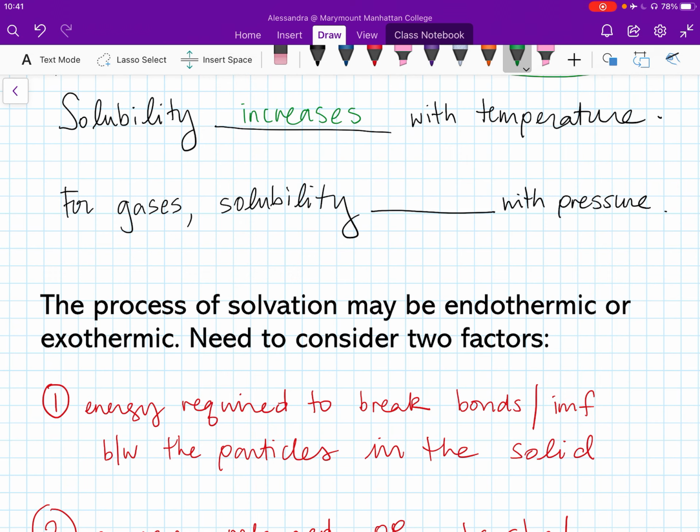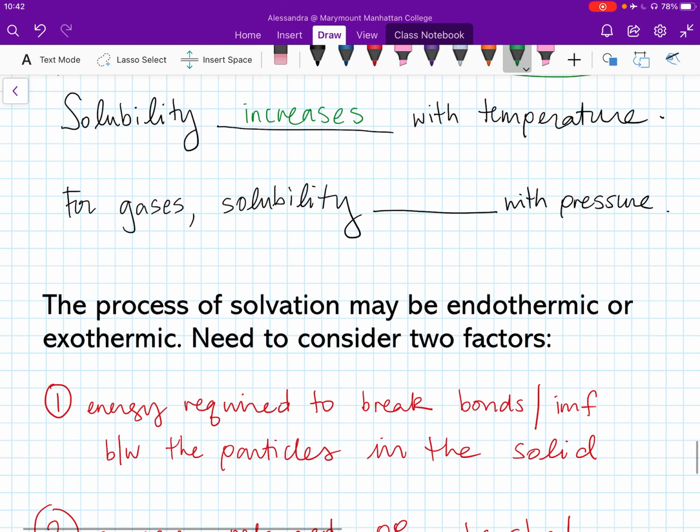It's much easier to dissolve sugar in hot tea because the solubility of sucrose is going to increase at the higher temperature. In fact, it's very difficult to dissolve sugar in iced tea. And a lot of times you'll use a simple syrup rather than solid sugar because it's difficult to dissolve sugar in ice cold water.